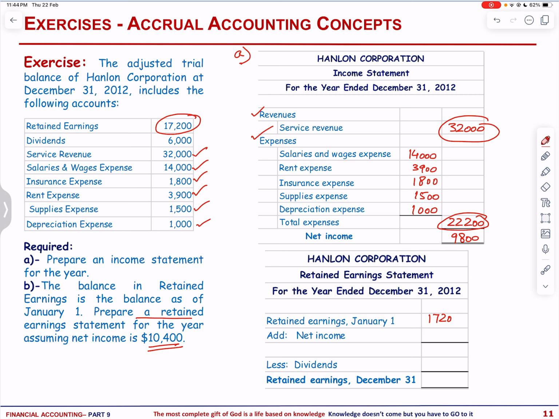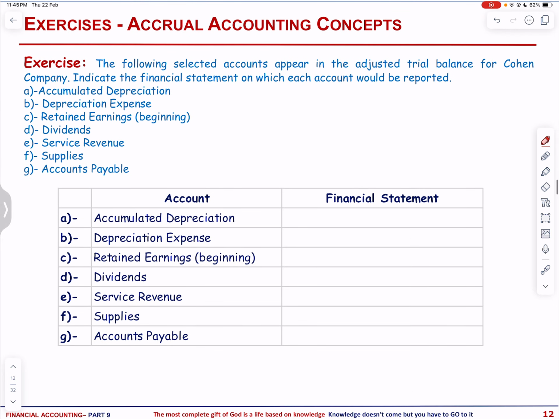So we have the retained earnings of 17,200, and net income will be 10,400. So the total is 27,600, and from this we will subtract the dividend of 6,000. So that makes 21,600. Okay. Let us move on to the next exercise.